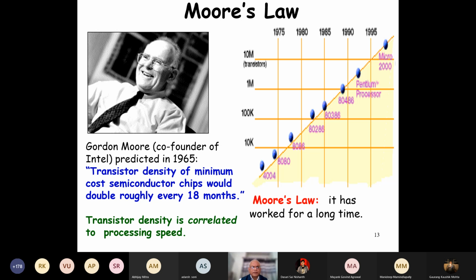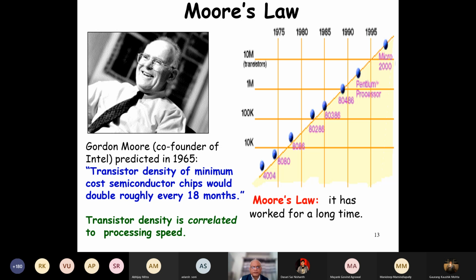And then with his law, it is implied that transistor density is correlated with the processing speed. But why should transistor density be correlated to processing speed? If we have more transistors available, double every 18 months, how can the processing speed improve?